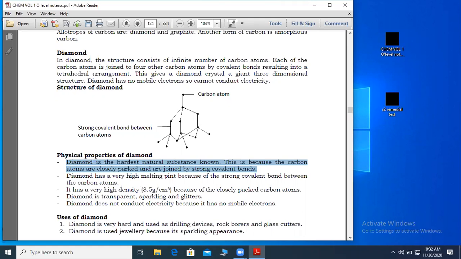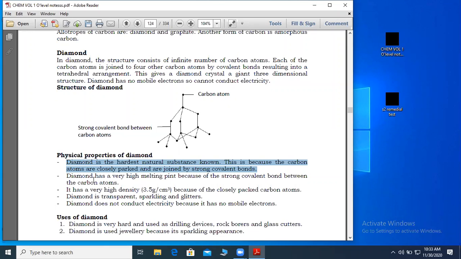Another physical property, diamond has a very high melting point because of the strong covalent bonds of the carbon. That one we have already talked about. So everything is arising from the strong covalent bonds joining the carbon atoms together in diamond. And why are they strong?